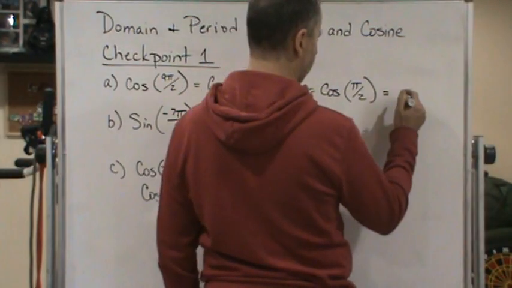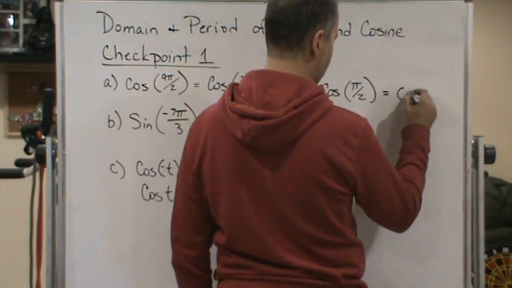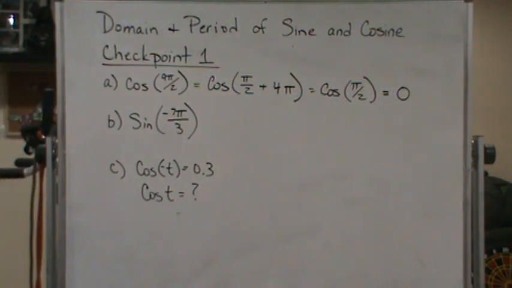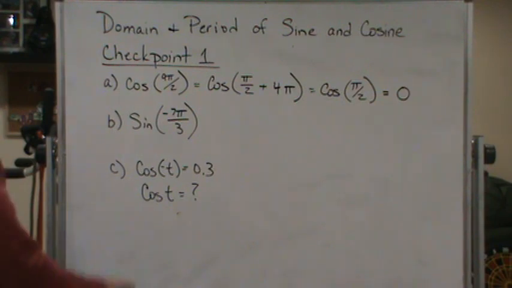So at cosine of pi over 2, it becomes 0. Just like we had before. Okay, now what about this one here?